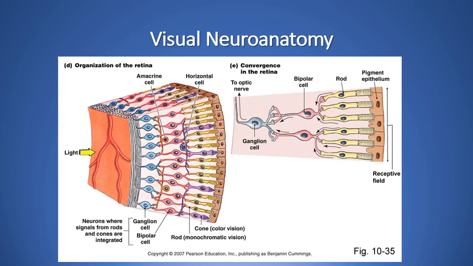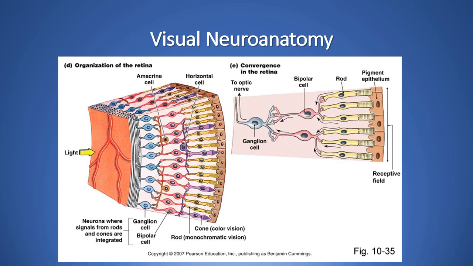But no, I'm not the one who designed the system, so the light actually has to pass through all these layers of cells before it gets to the part of the rods and cones that are sensitive to light. So let's look over on the right-hand side. The very end tips of the rods and cones, those are the parts of the cell that are responsive to light. They are partially embedded, though, into a dark pigment at the very back of the retina. Again, I don't know why it was designed this way.